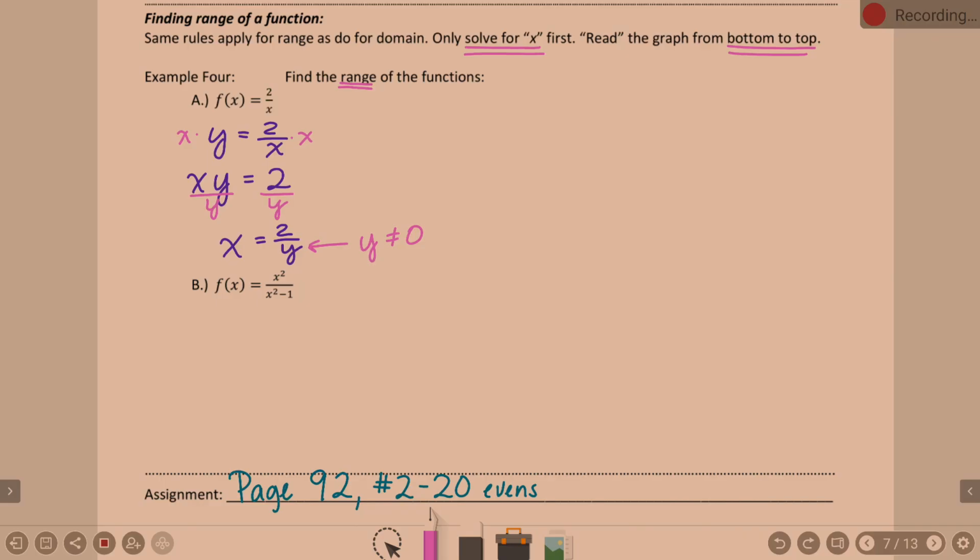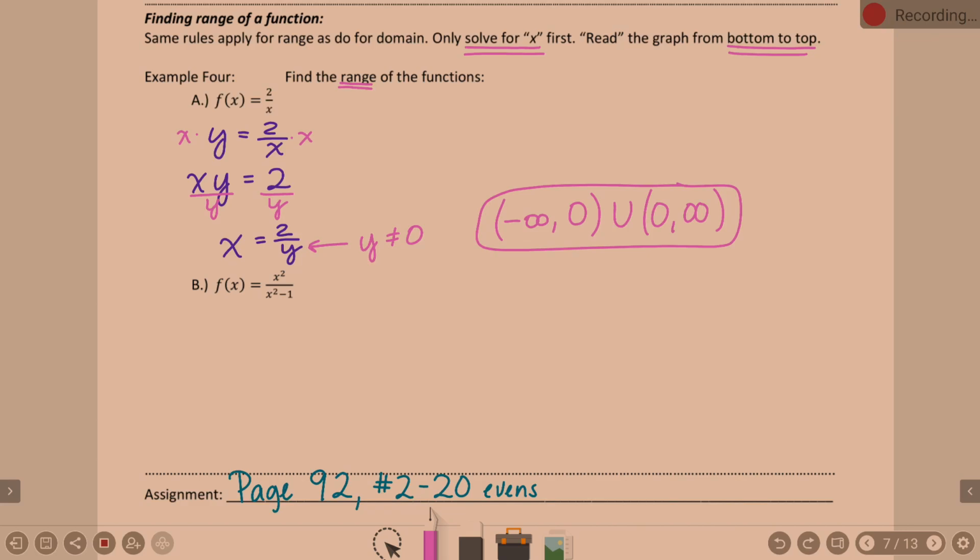Parentheses, negative infinity, comma, 0, parentheses, with the union, parentheses, 0, and then comma, infinity, parentheses. Kind of like our last range, yes? Yeah. Okay. Coincidence there.